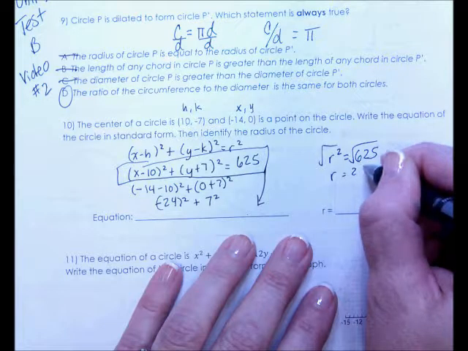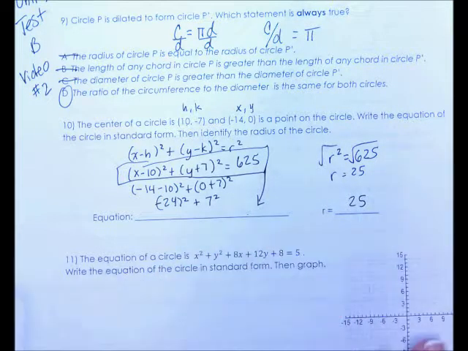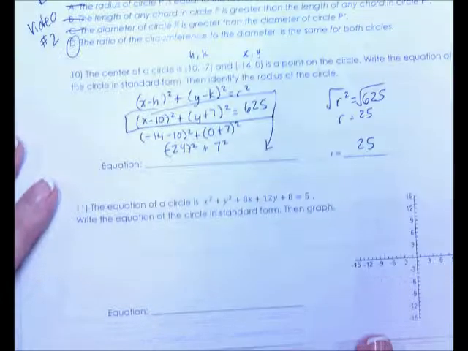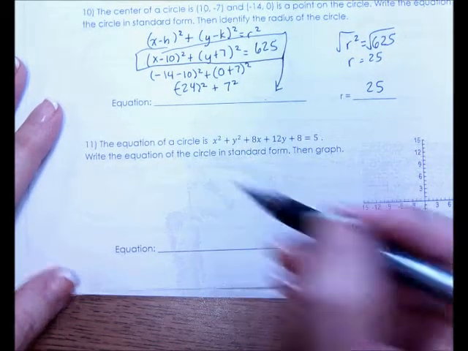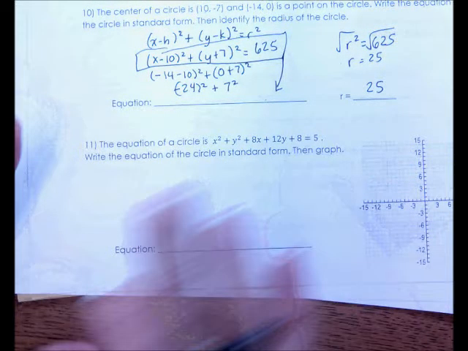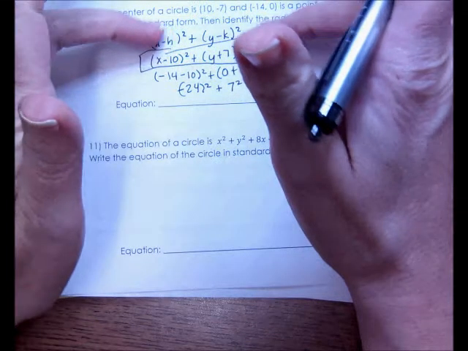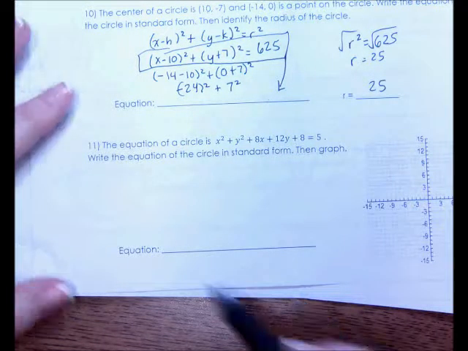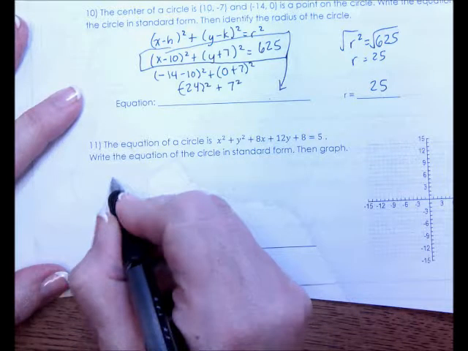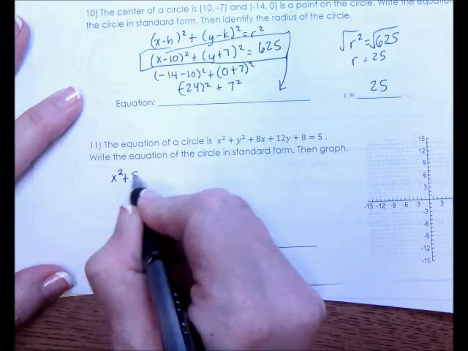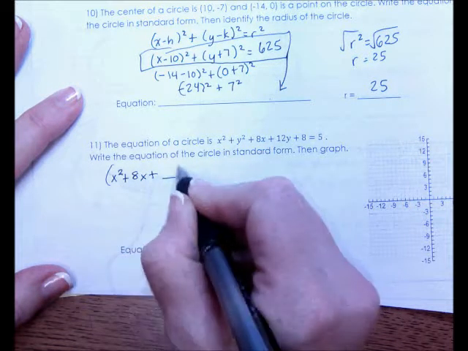So this ends up being the equation of my circle, and would be my answer down here in this blank. Now, to find the radius, I know r squared is equal to 625, so I can take the square root, and r is equal to 25. So the radius of my circle is 25.